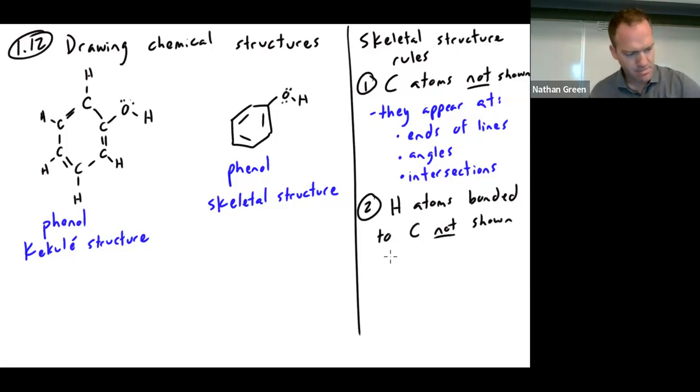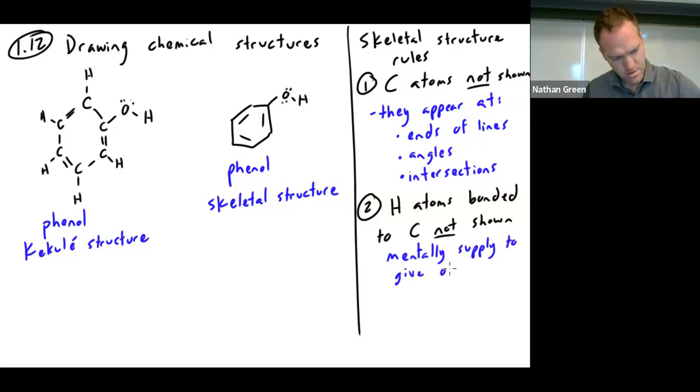You need to mentally supply enough to give carbon an octet. If there's a charge shown, then you account for that with your hydrogens as well. But we're not going to work in charge structures just yet because you don't know how to count charge.